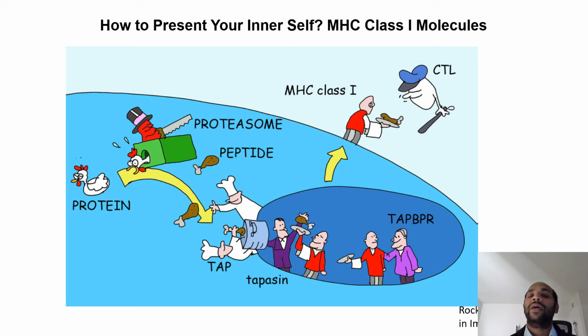Another chaperone called TAPBPR trims the peptides, and only the correctly trimmed and correctly formed peptides are transported to MHC. Here you can see the MHC1 peptide complex is recognized by cytotoxic T lymphocytes.